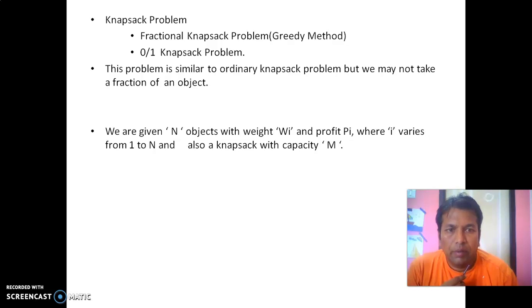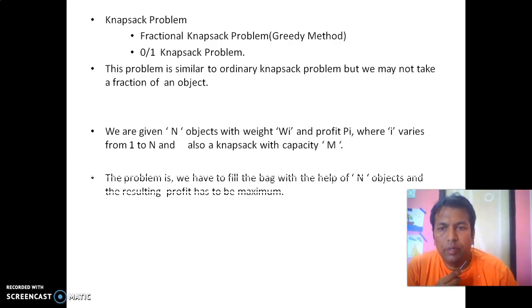The variable i varies from 1 to n, and the knapsack has capacity capital M. The objective is to fill the bag with the help of n objects, and the resulting profit has to be maximum. In that way, you have to keep the objects in the knapsack.